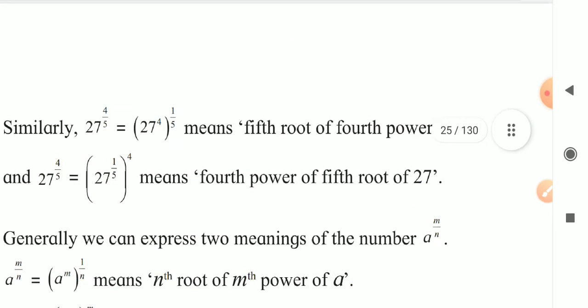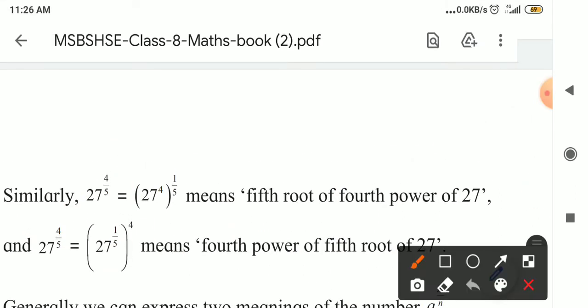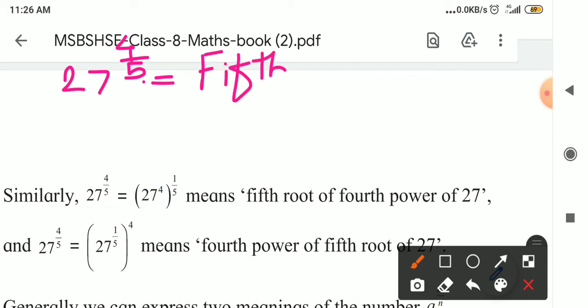Now here it is 27 raised to 4 upon 5. How to read? First I told you the 5 we have to take here. So here fifth root. 5, what are we saying? Fifth root, F-I-F-T-H. Fifth, 5 is at the denominator position. So fifth root of, okay, upside 4 is there.